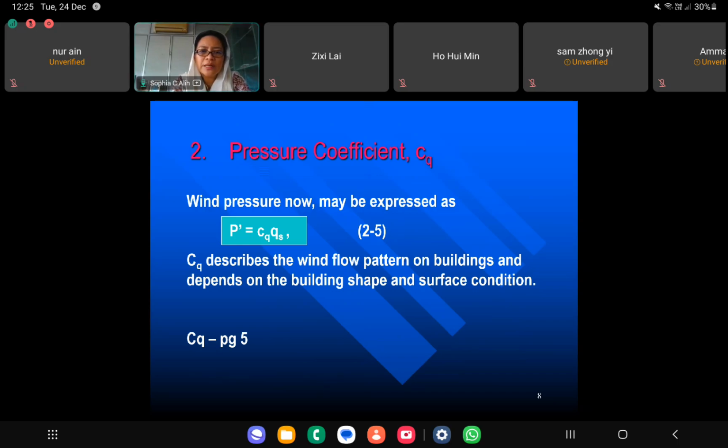The first one is the CQ, the pressure coefficient. The pressure coefficient describes the wind flow pattern on a building, depending on the building shape and surface condition. It is taken care of on page 5 of your code. We will go into your code later after we come to this one.